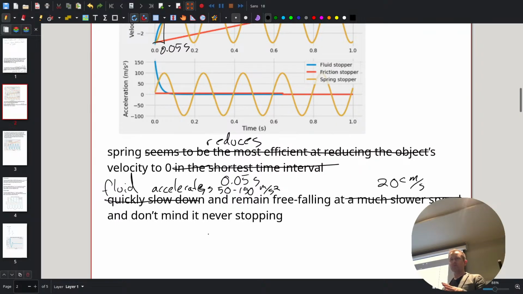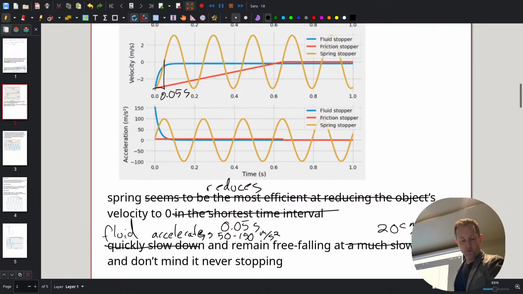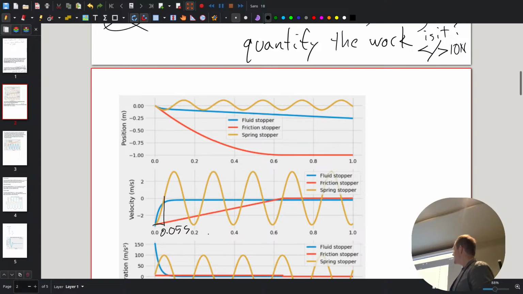So again, it's a theme here, right? Quantify the work. You did the work, trust your model. At least trust what you have so far for the model. There's always ways to improve. Even at the very beginning, when we were talking about using a spring to stop something, there was a lot of hesitation of like, it's just gonna keep oscillating.